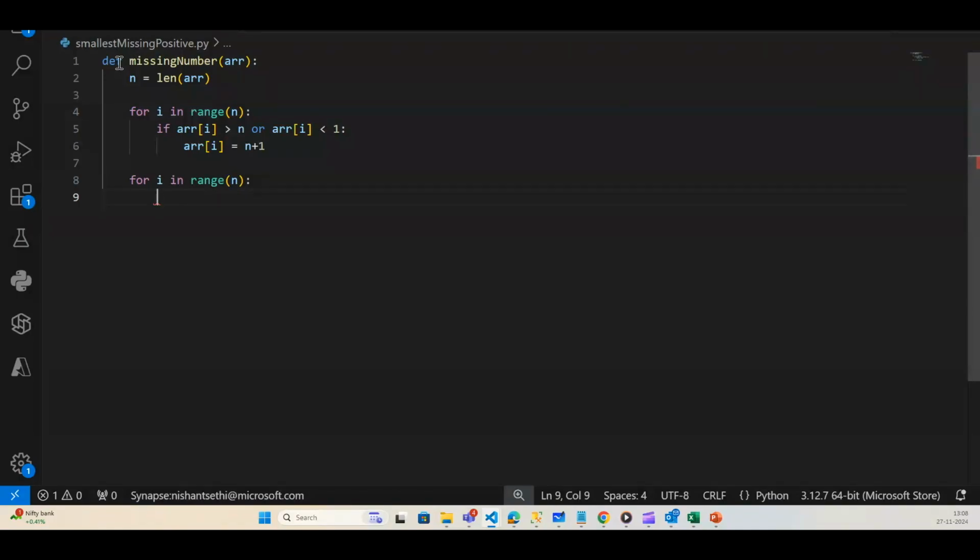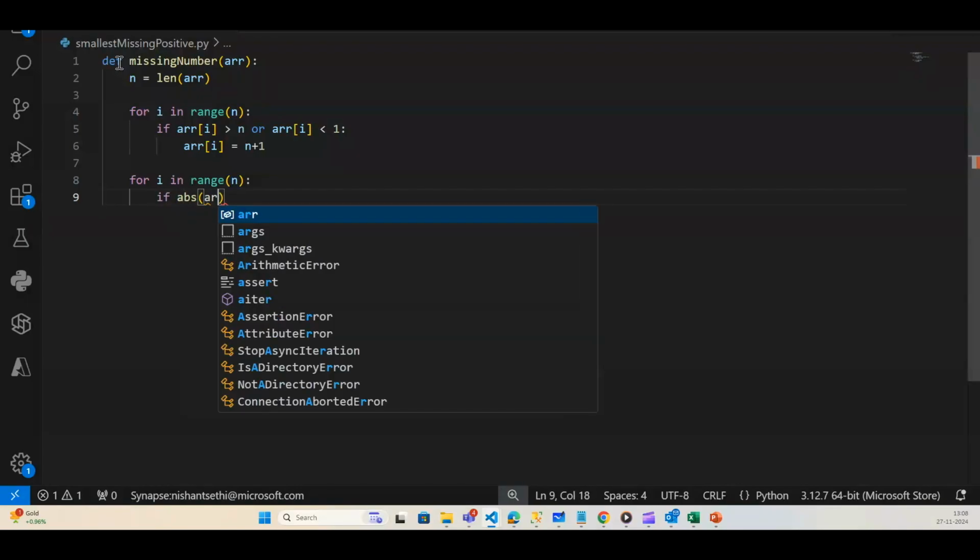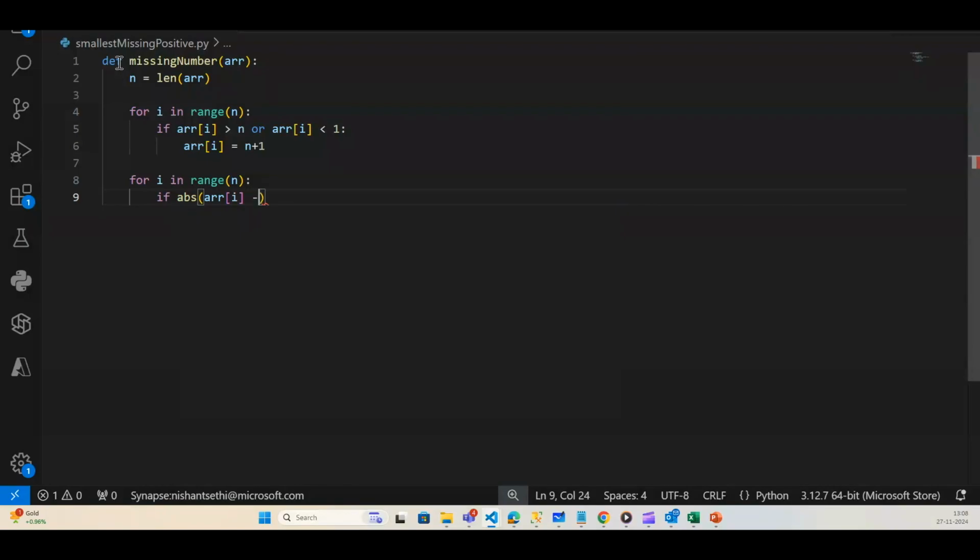But before actually referring to that element at the current element minus 1 index, I will check if the absolute value of the current element, minus 1, is lesser than n, like this.